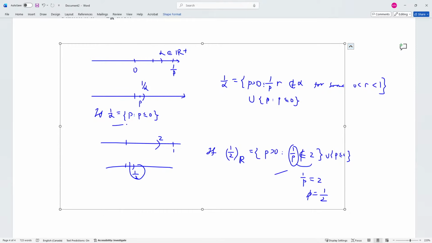If we define that, then what happens to the reciprocals in there? So let's say 1 over P would be negative, right? But if 1 over P is negative, then it's in alpha. Is that a contradiction?